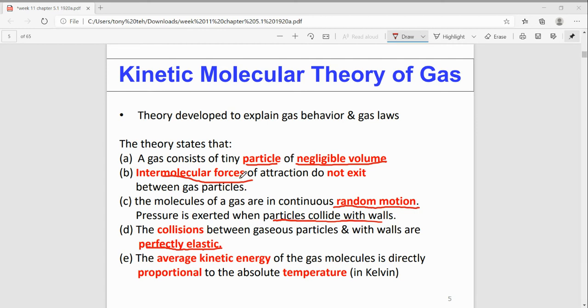The intermolecular forces of attraction do not exist between gas particles. The molecules of a gas are in continuous random motion. Pressure is exerted when particles collide with walls. The collisions between gas particles, and with walls, are perfectly elastic. The average kinetic energy of the gas molecules is directly proportional to the absolute temperature in Kelvin.